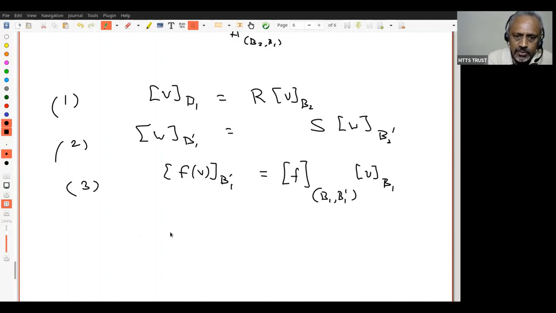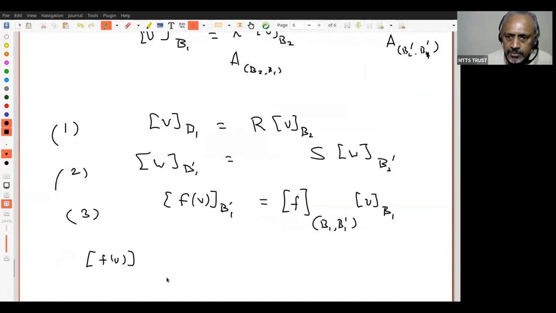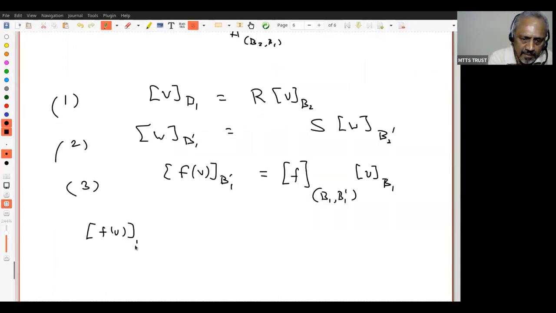Okay, now I want to substitute f of v in place of w. See, what is my aim now? I want to look at this in terms of B2 dash, and I want to write it in terms of something. Okay, so let me go through.